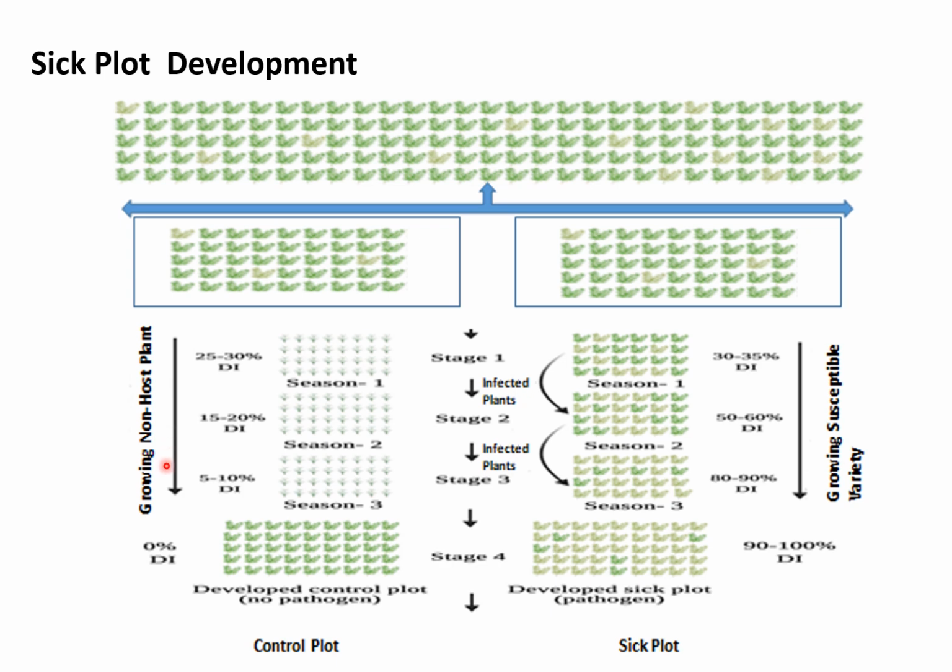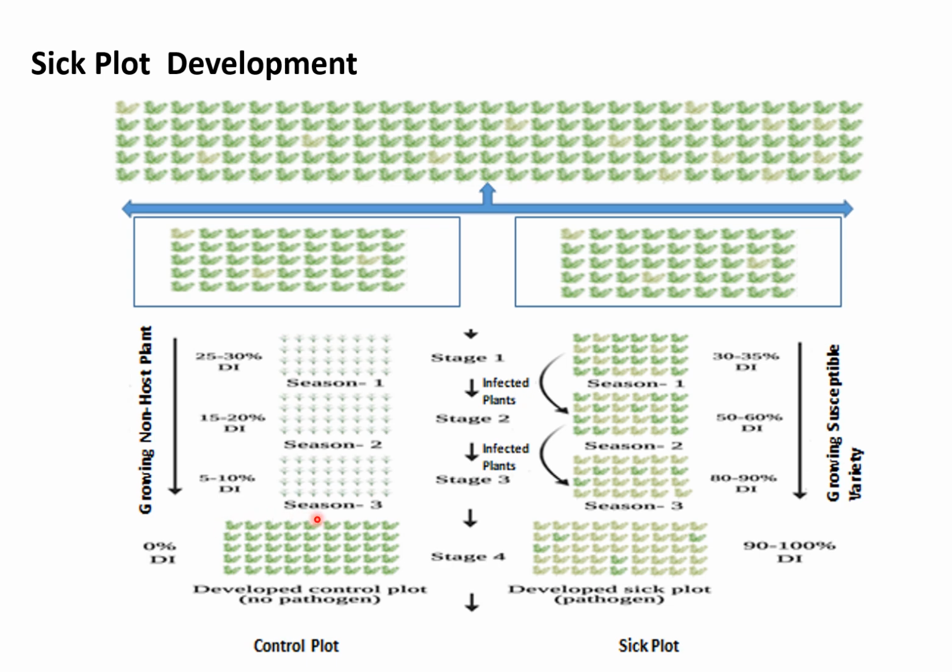And then here we are not going to grow the susceptible variety, rather we are going to grow a non-host plant. And when we grow the non-host plant, the pathogen present in the soil will not find the host plant and gets stalled. And gradually, if we repeat that strategy again and again, the disease incidence also goes down.